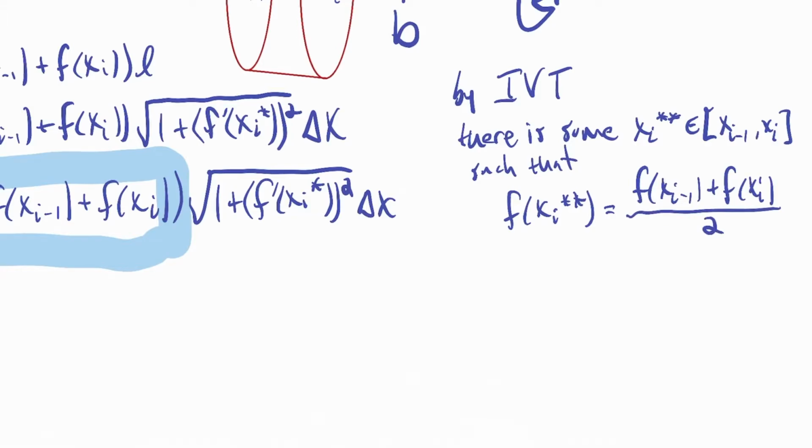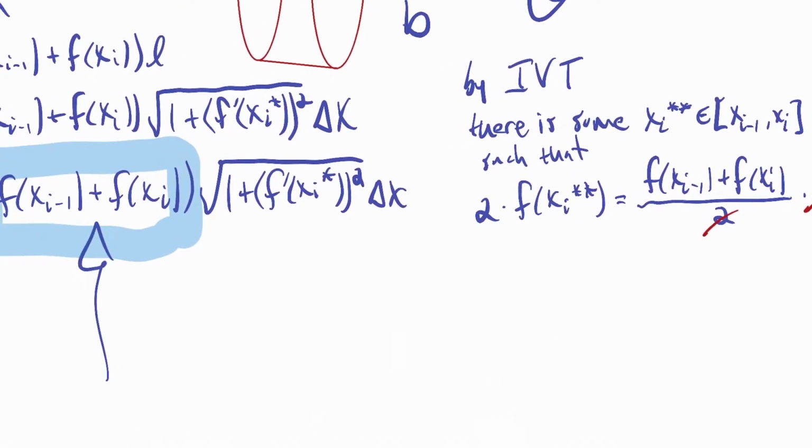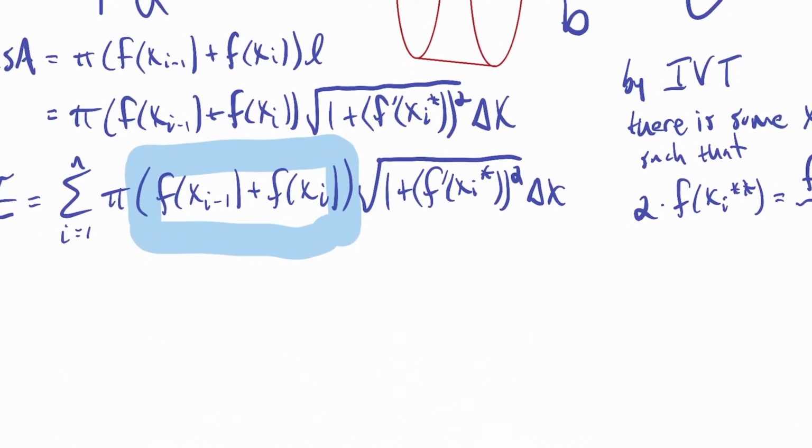The function value will be the average of those two at the endpoints. That's guaranteed. So if I multiply by 2 on both sides, I can get rid of those 2s, and I can replace this with 2 times f of xi double star.